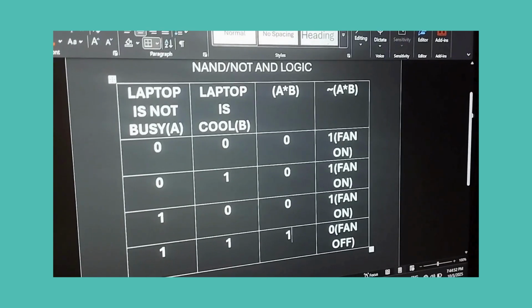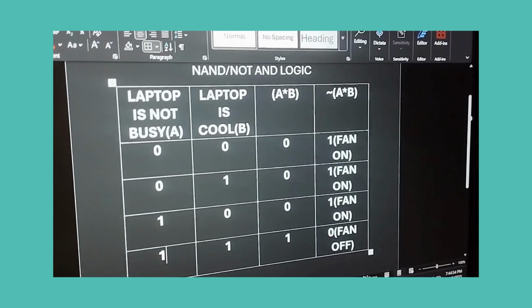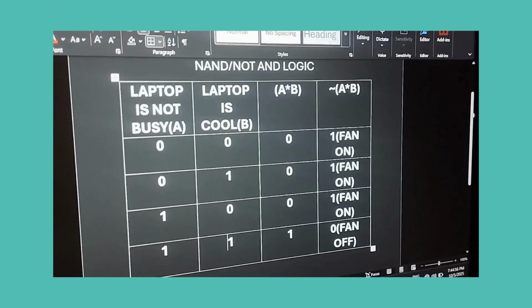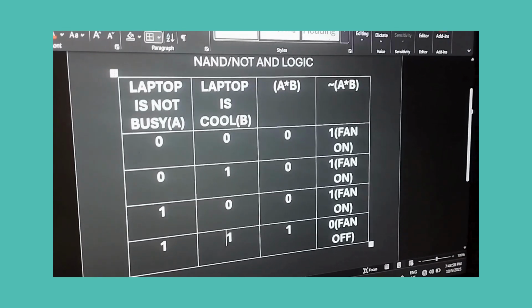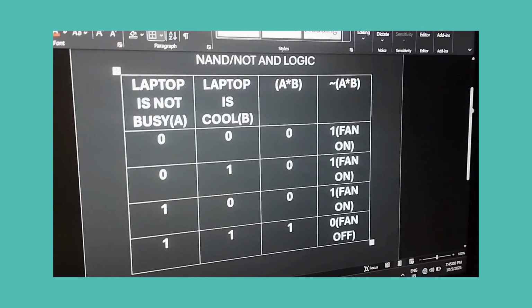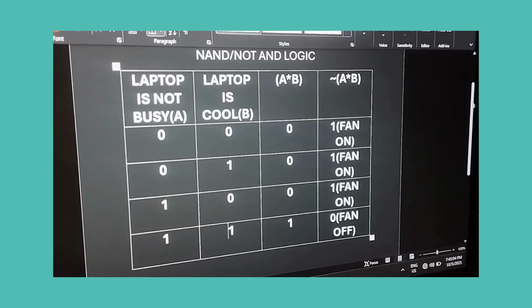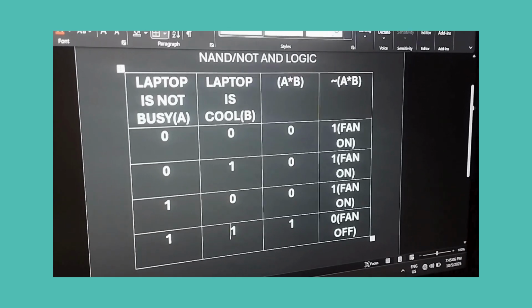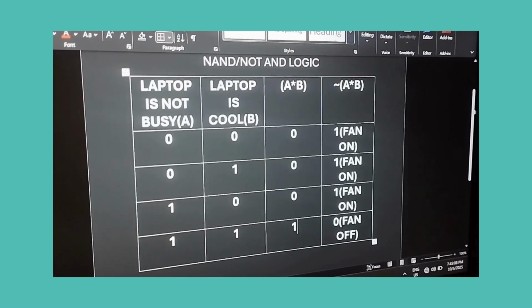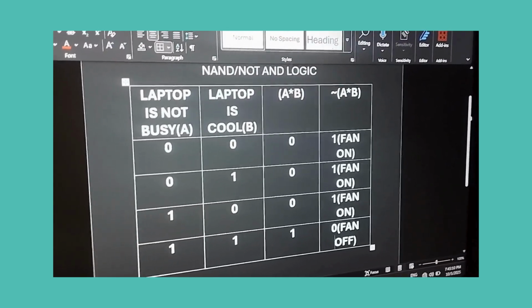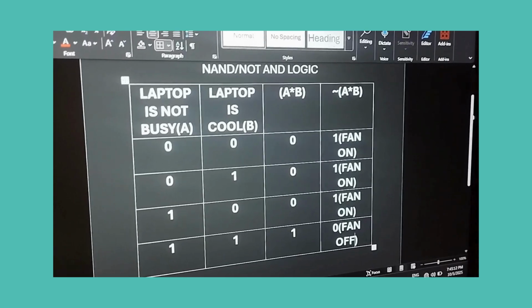And if both conditions are true, meaning the laptop is not busy and the laptop is cool, our laptop is going to turn off its fan, meaning the NAND output is going to be 0.